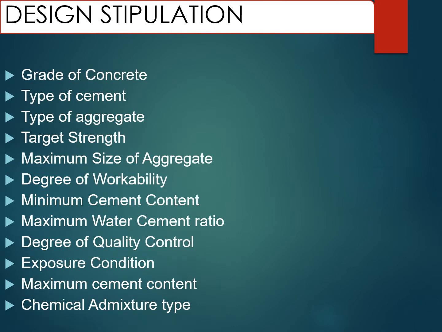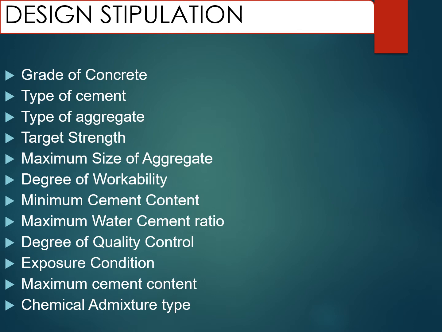To start with the design stipulations, one can expect the following information to be available before the start of the design mix. That is, he should know what is the grade of the concrete he is designing for, the type of cement available locally, the type of aggregate available, and the target strength which he is aiming for, which is normally calculated based on the standard formula given in the Indian standards IS 456, SP 23 or IS 10262.